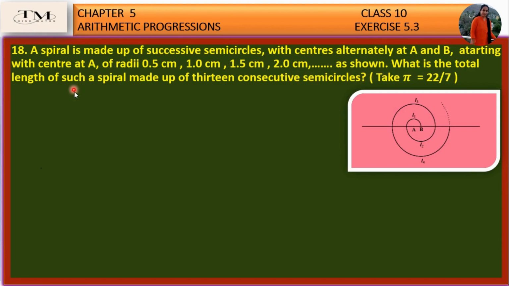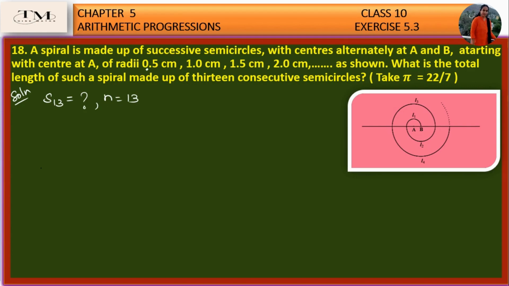What is the total length of such a spiral made up of 13 consecutive semicircles? So we have to find the total length of 13 consecutive semicircles, that is, we have to find S13. So n is equal to 13.